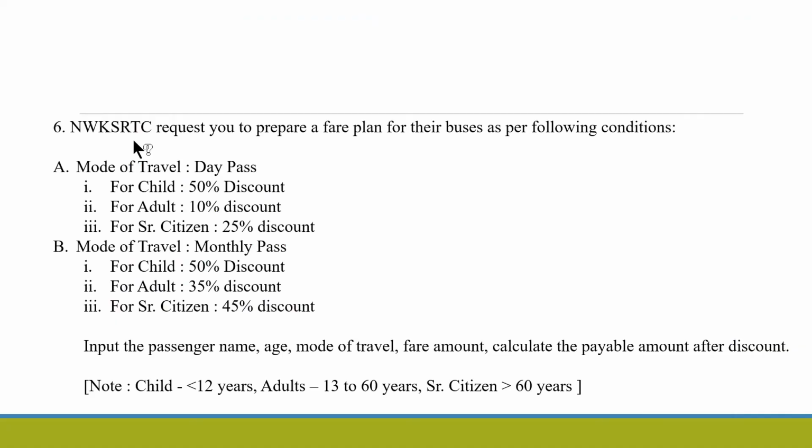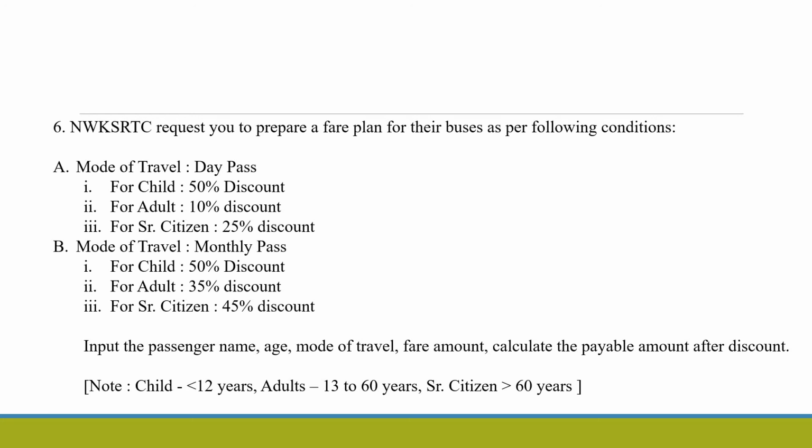The next case study is this way. NWKSRTC requests you to prepare a fare plan for their buses as per the following conditions. There are two different conditions available here. Mode of travel, day pass. Under this, for child 50% discount, for adult 10%, for senior citizen 25% discount.